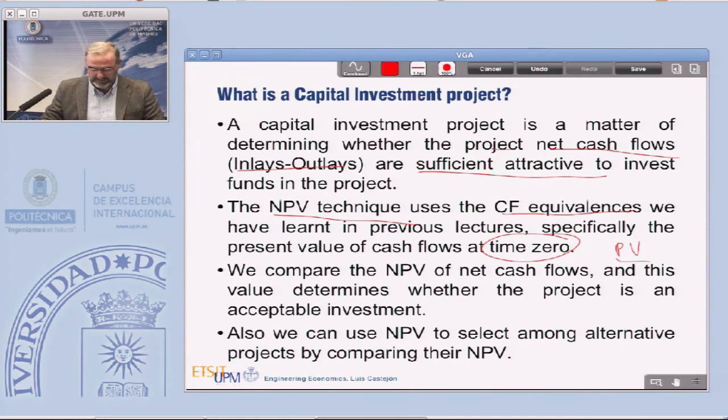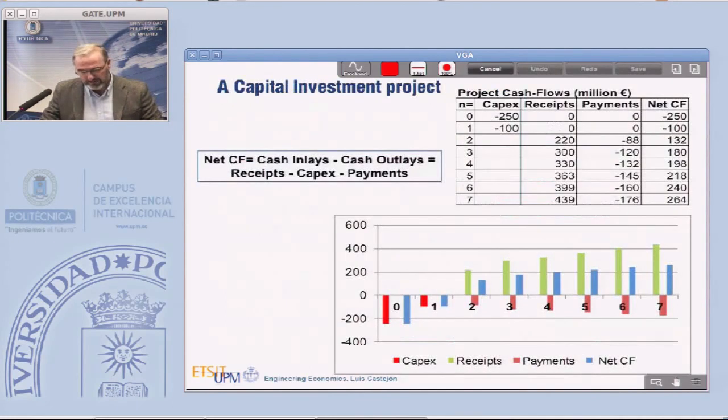And of course, the higher the net present value of a project, the more interesting it will be to invest in it. This is what I have said about using net present value for selecting among several alternative projects.